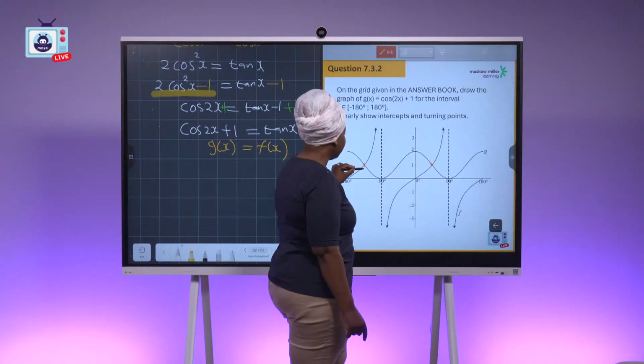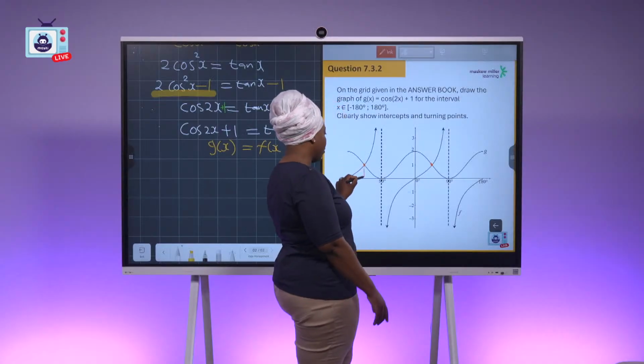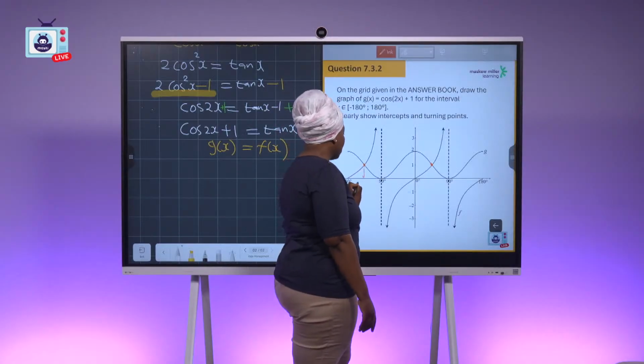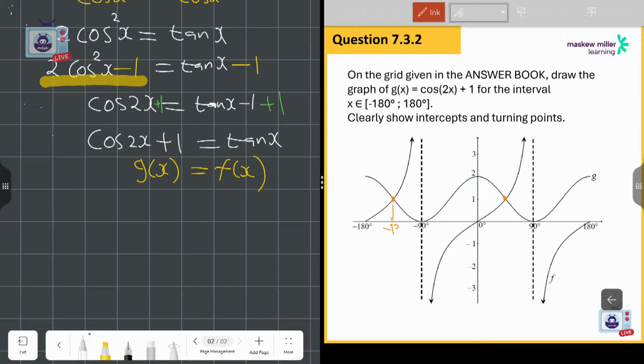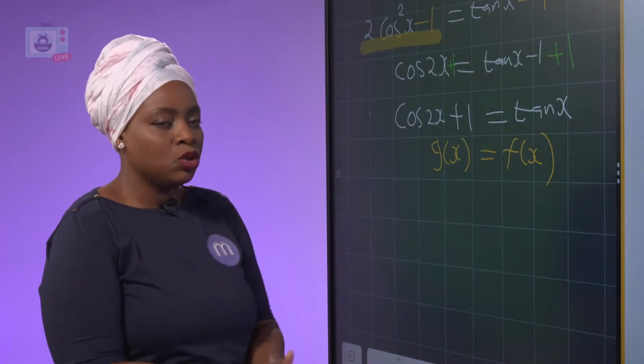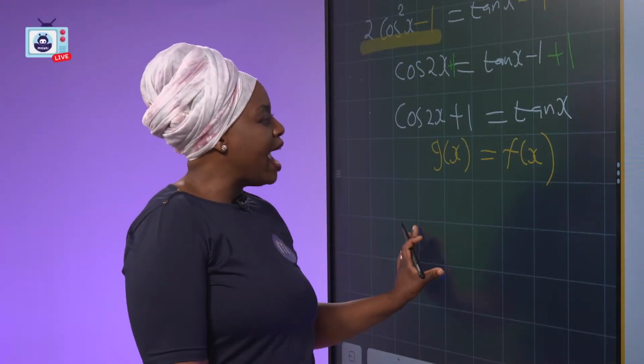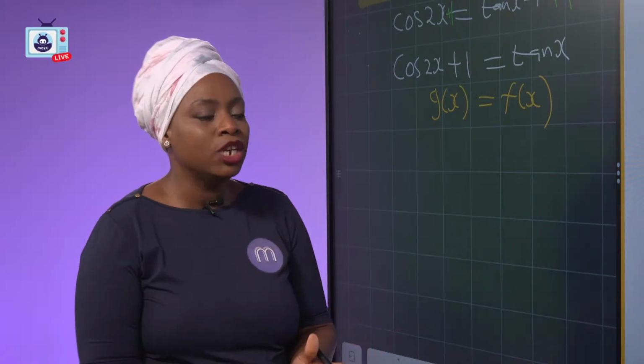If you have looked at your graph properly, you would see that this point is negative 135 degrees, and this point here is positive 45 degrees. Do we agree? If that's the case, you have done what you have to do. Where is the value of x where the two are equal?